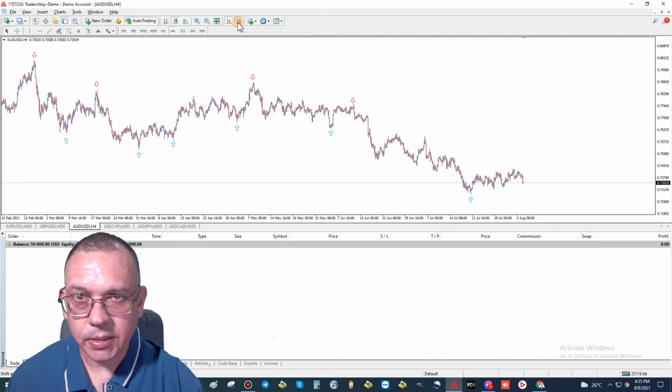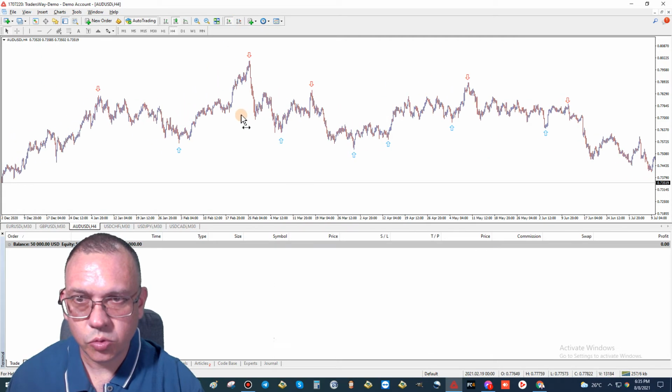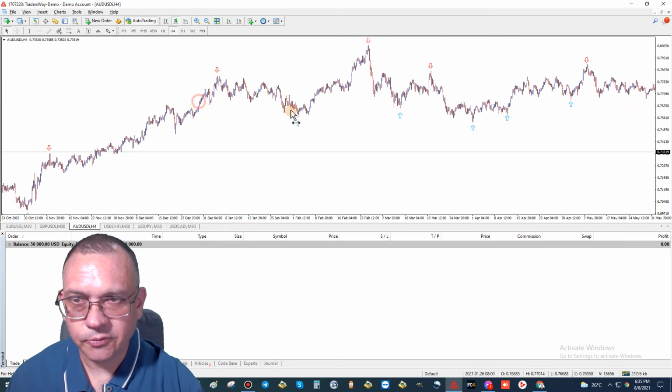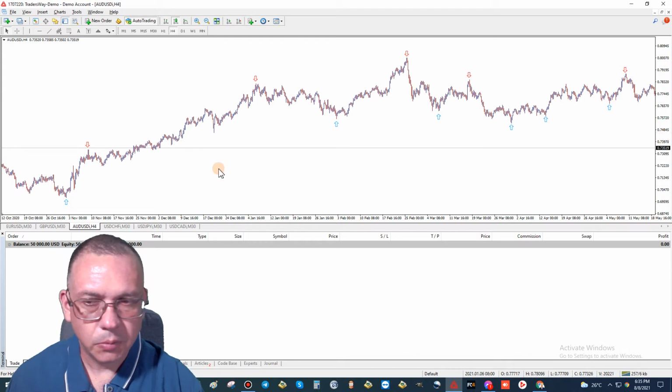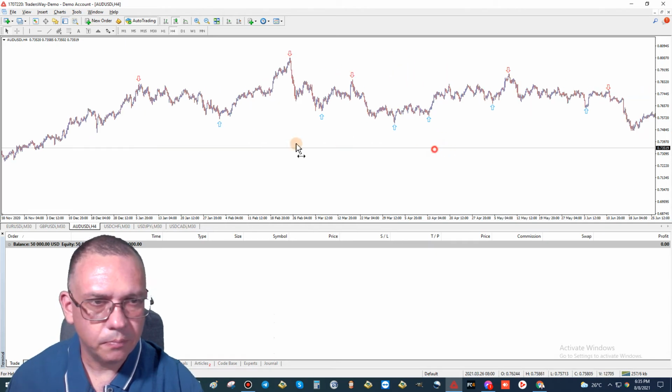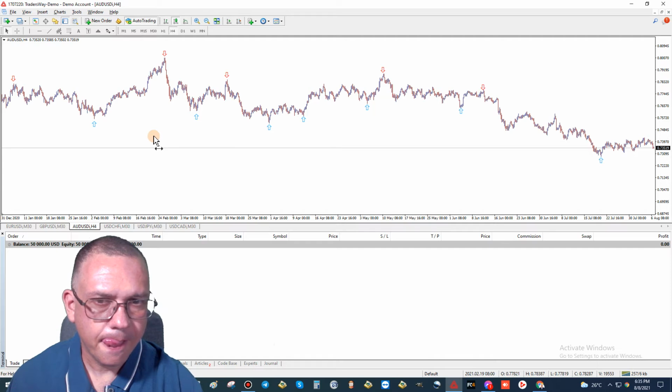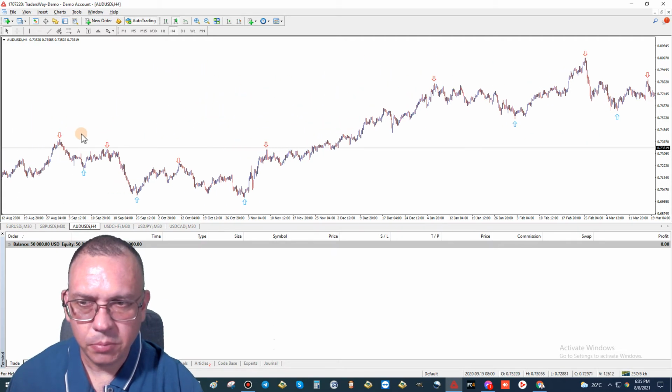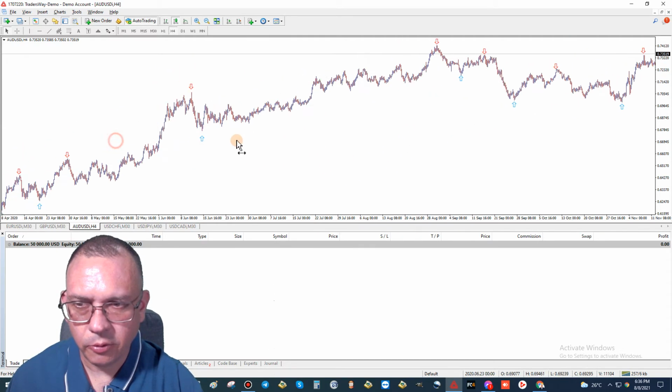So if I look in the past further back, I'm just trying to see if we have any blue arrows. We have red arrows going up, but let's see if we got any blue arrows going down that are repeated.